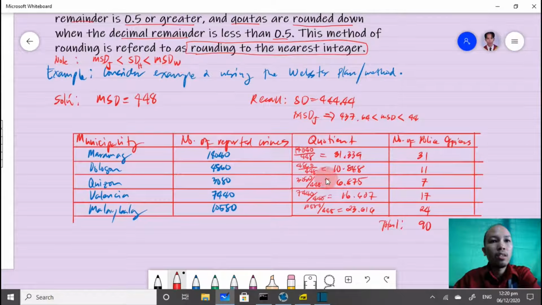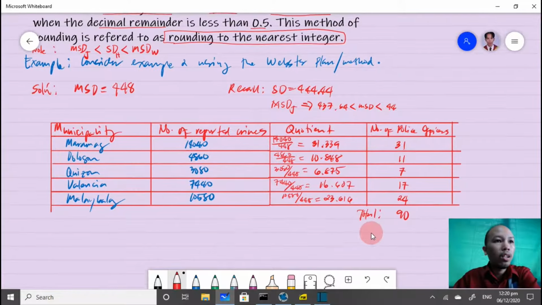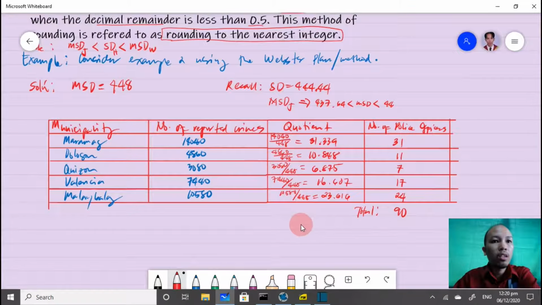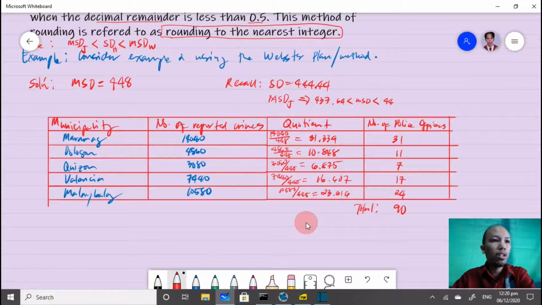And what I also notice here is that the modified standard divisor for the Webster plan is between something like this one, 445.8.